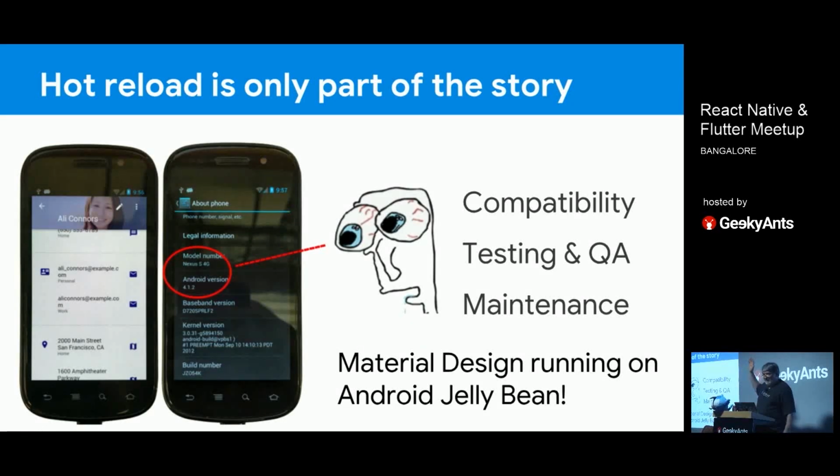How many people like compatibility libraries? Not me. No hands. Wow, pretty good. But this app looks the same on this 2012 phone as it looks on the current phones, right? So you know that when you create an app, you know what it's going to look like on every phone that it will run on.